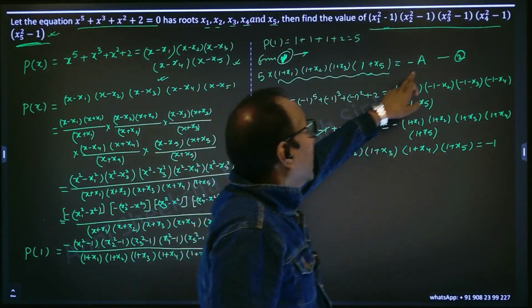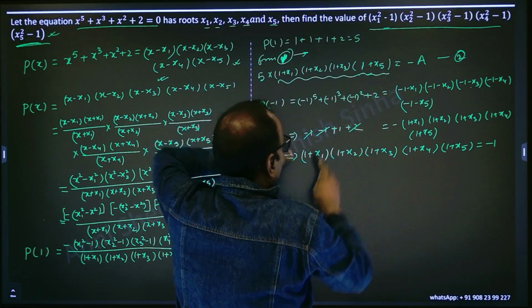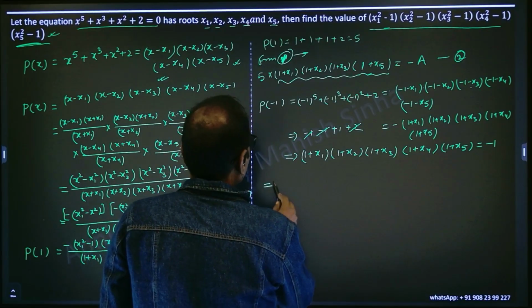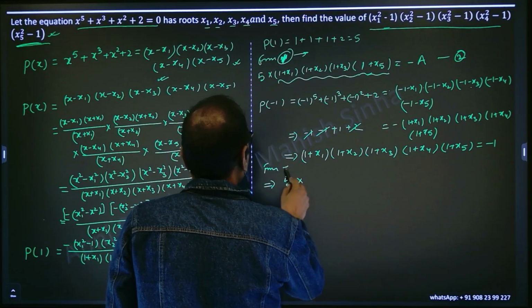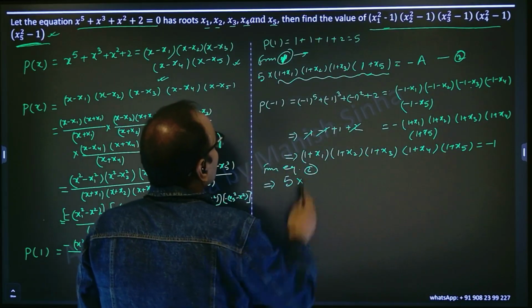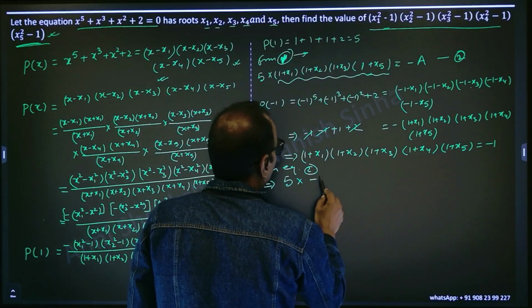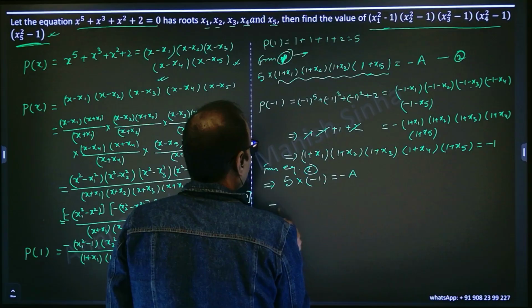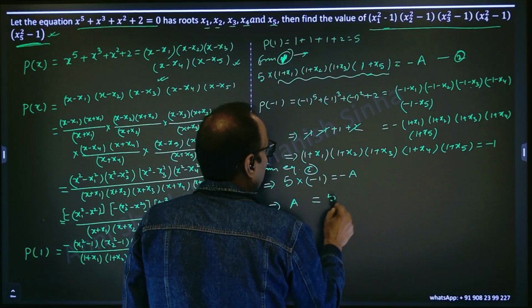So to know A, we will put the value of 1 plus x1 and so on from here. So 5 into, now you write from equation 2, because we have taken this as equation 2, 5 into minus 1 is equal to minus A. Our target is to find A. So A will be 5.